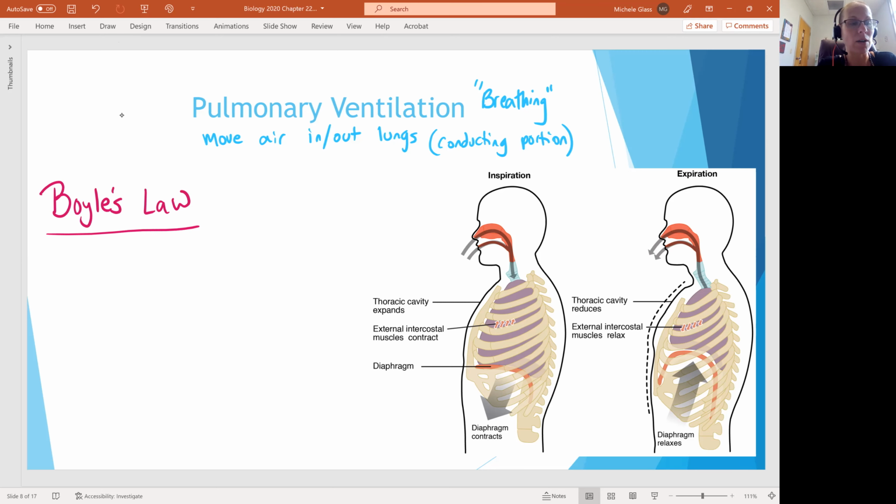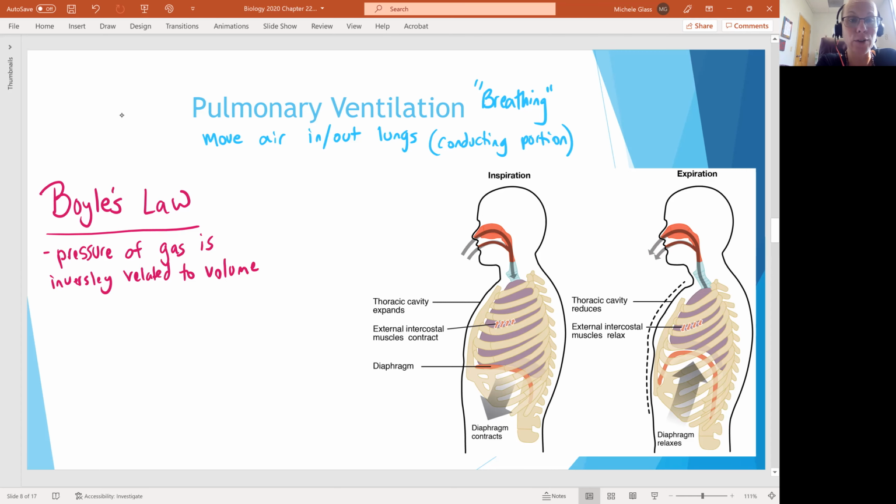Now we can talk about Boyle's Law as the pressure of gas is inversely related to volume. And this is the Michele Glass rendition or version or description of Boyle's Law.